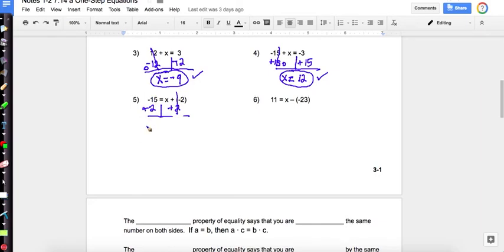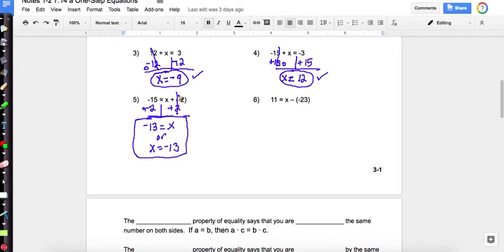And -15 plus 2 is -13 equals x. Or x equals -13. Because in the past, you've always heard to get the variable on the left side. So you can write it like this and then just rewrite it as x equals -13. But I would accept both answers. So if you write it this way or this way, I would accept both. So that's why we're writing both in our notes.